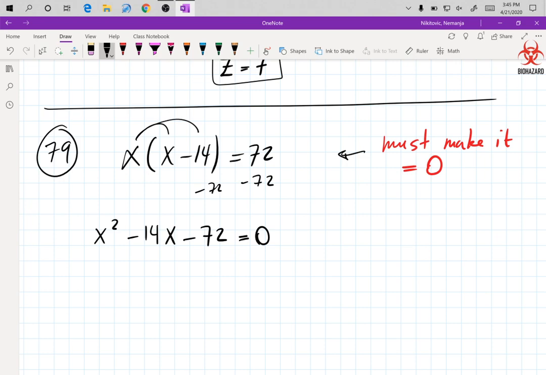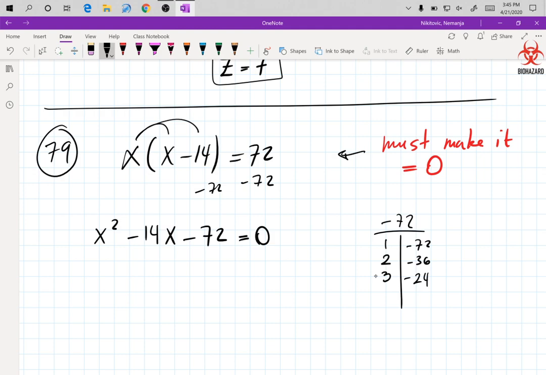So this is what we now achieved. Everything is on the left hand side, equal to 0, and now we can just use the factoring, right? So I need negative 72. That's 1 and negative 72. 2 and negative 36. 3 and negative 24. 4 and negative 18. Is it divisible by 4? It is.